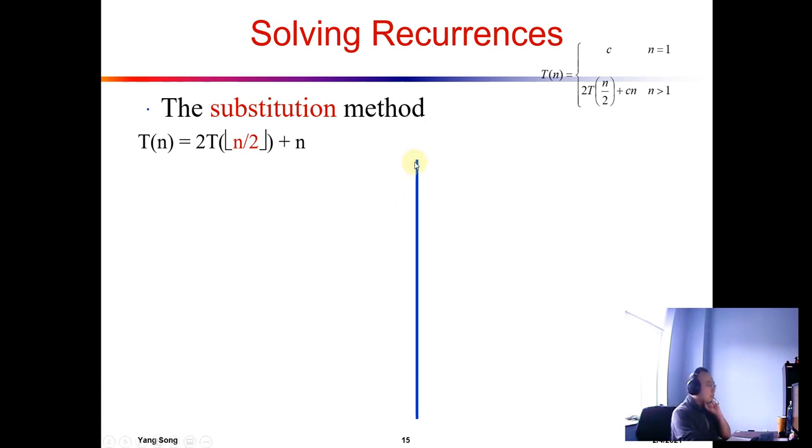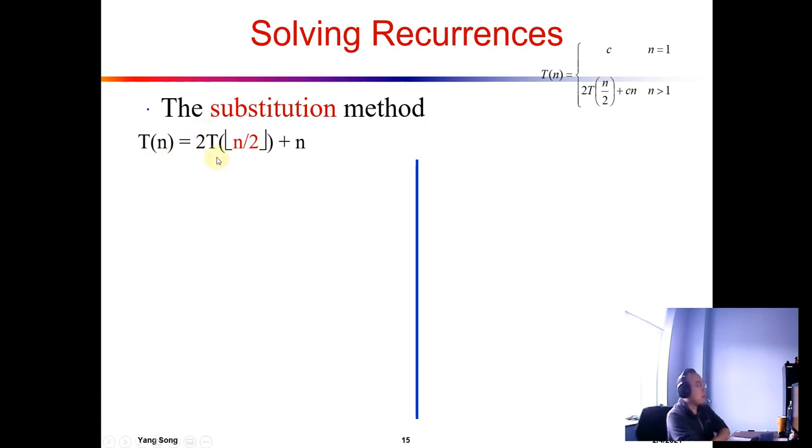The very first thing is, we want to divide our working space into two parts. The left part is the real problem-solving part, and on the right part we are doing some scratch work to help us do the substitution. The main part will be the left part, and we are solving T(n).